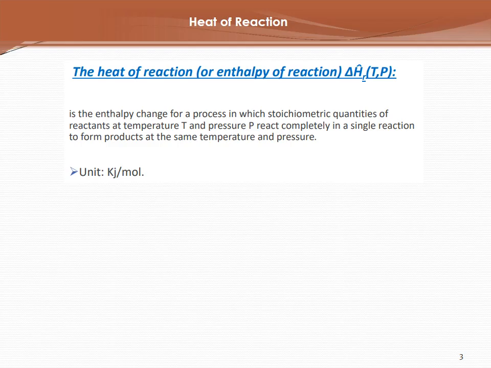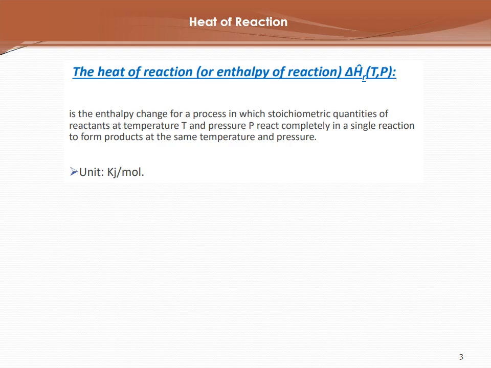When these stoichiometric quantities of reactants react at a specified temperature and pressure completely to form products, and the products are either heated or cooled back to the same temperature and pressure, you will get a certain heat release or heat absorption. This heat is called the heat of reaction.